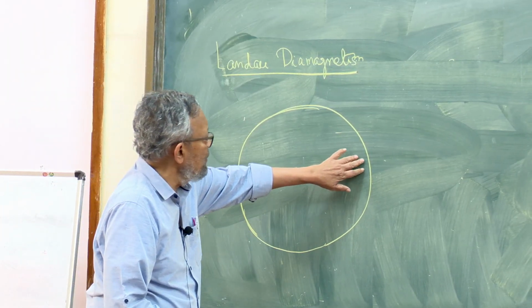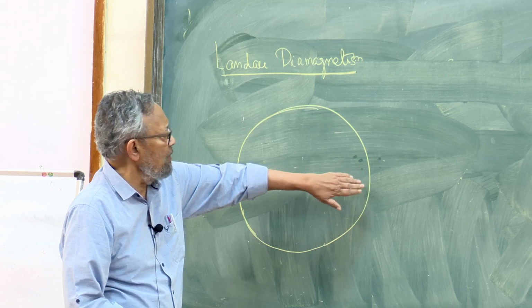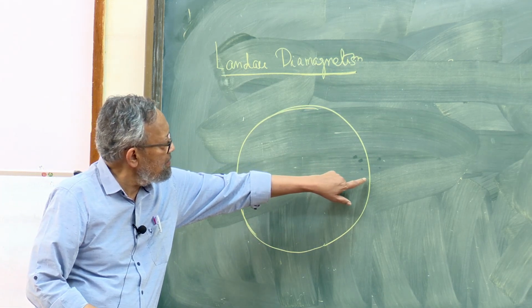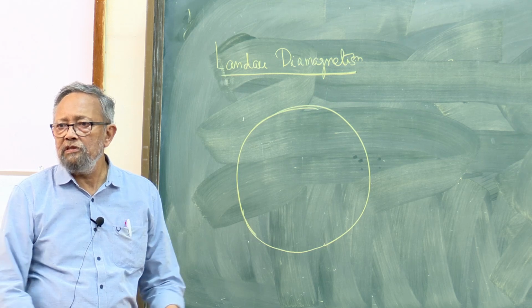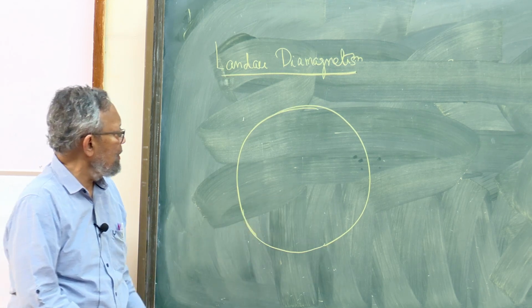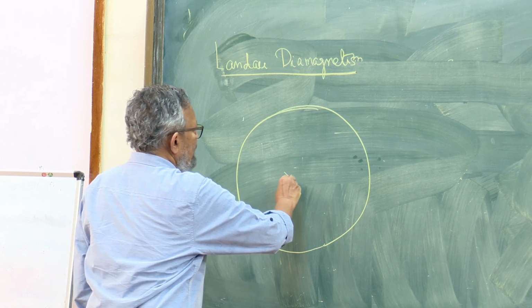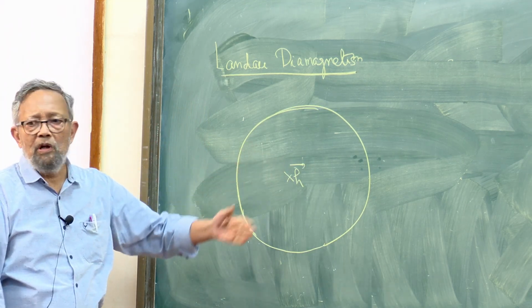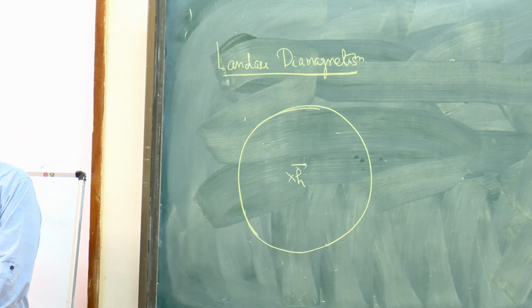But electrons cannot go outside, so there is a reflecting boundary condition on this circle. Whenever an electron impinges, it gets reflected. That's just for containment. Now there is a magnetic field, which is normal to this plane.